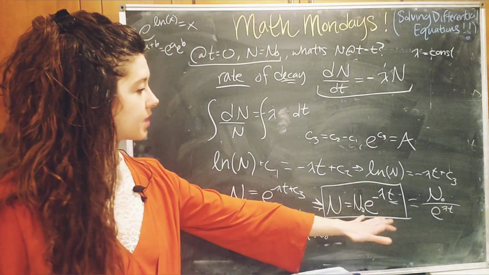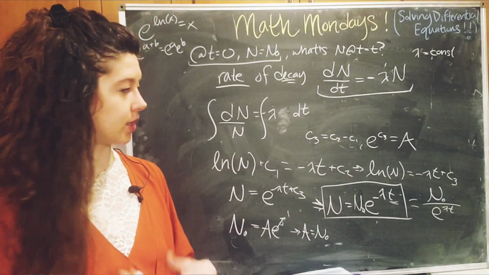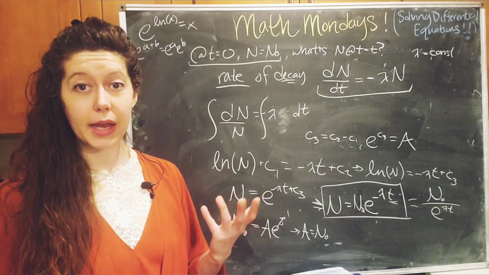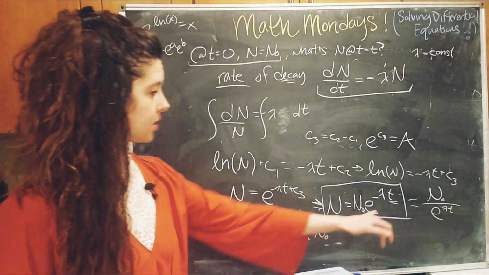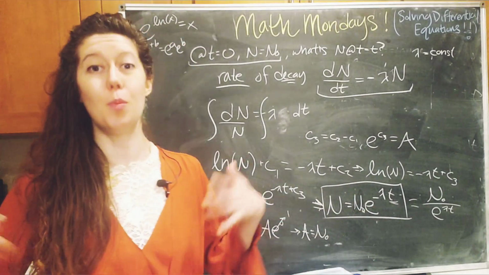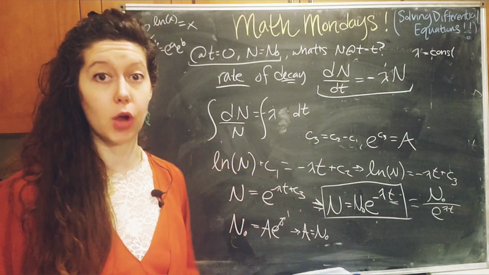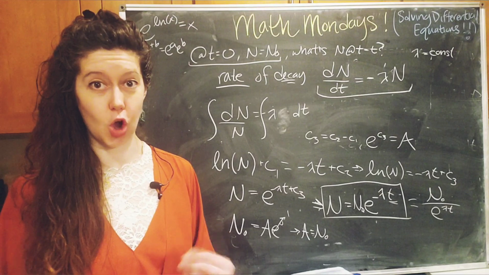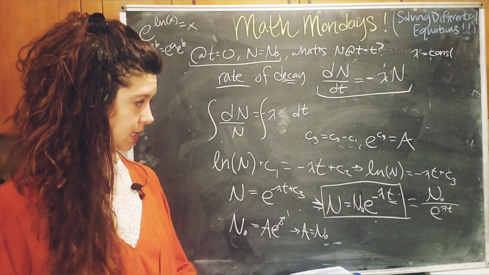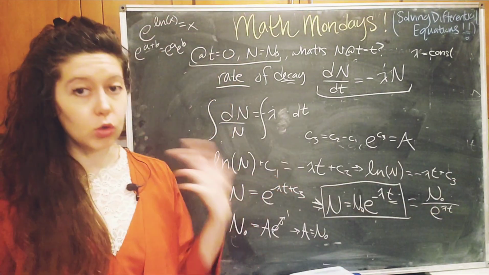So what this represents is what I would call a general solution that can be applied to many different situations. This equation can be applied to many different elements on the periodic table, and also many different combinations of elements on the periodic table. So this is a general solution.